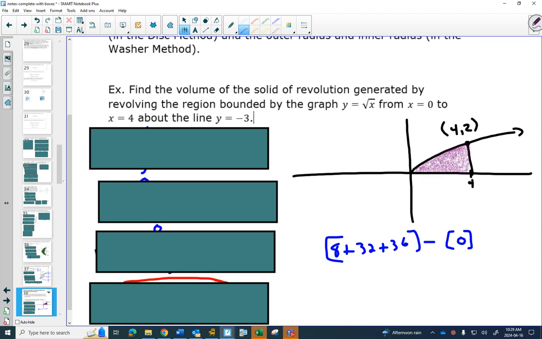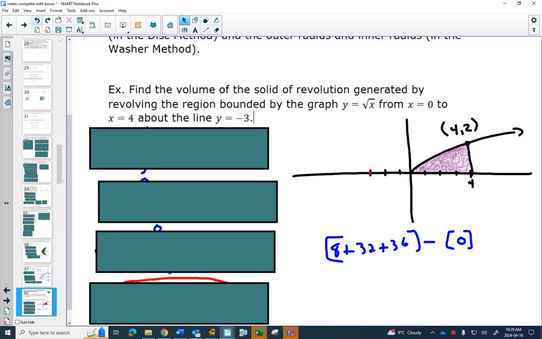I'm going to take that area, but now I'm going to reflect it. 1, 2, 3. I'm going to reflect it over that line and rotate it about, oh, that's not y equals -3. Sorry, let's start again. I drew the wrong line.